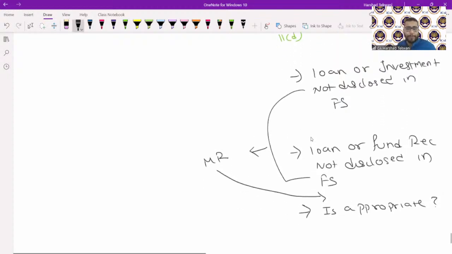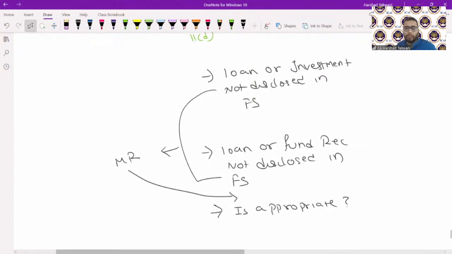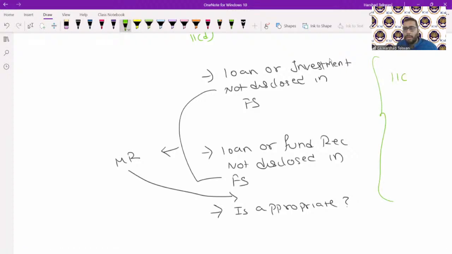So that's the third point. This was the whole amendment, Rule 11E.